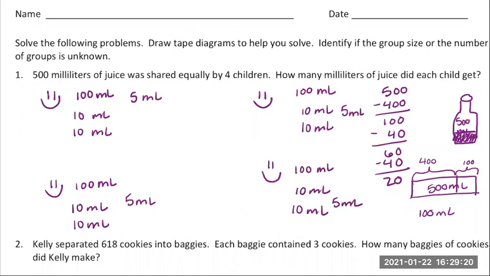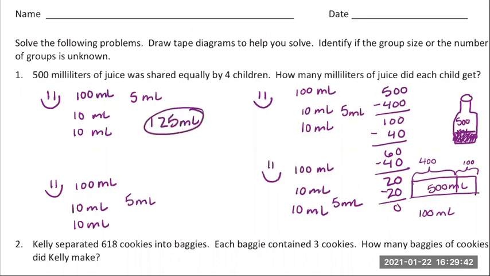Okay, so total, we've given out 20. So we have none left, no more juice left. So each kid has 100 plus 10 plus 10 plus 5, which is 125 milliliters each. So that would be my answer.